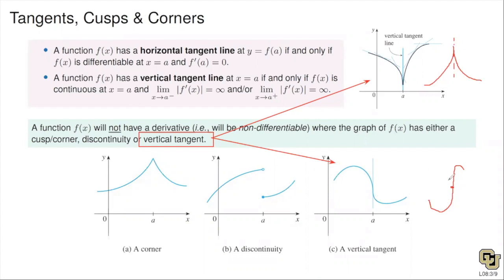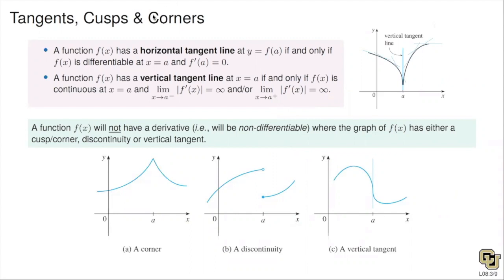This is like the cube root function. And it's different from the cusp or the corner, okay? So this is important. These are basic features; we're always worried about where a function is not differentiable or where a function has a vertical tangent or a horizontal tangent. So these are basic concepts in analyzing the shape and behavior of a graph.